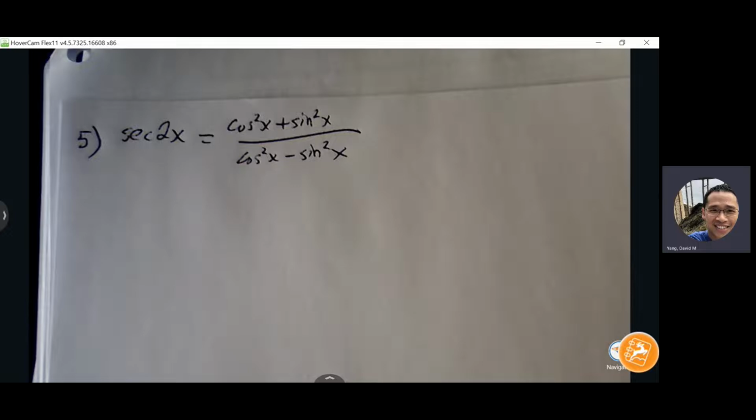We don't have a double angle identity for secant, but we do have a double angle identity for what?